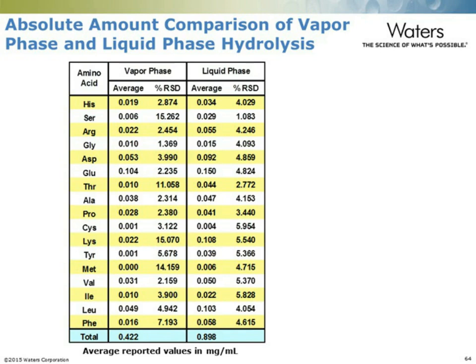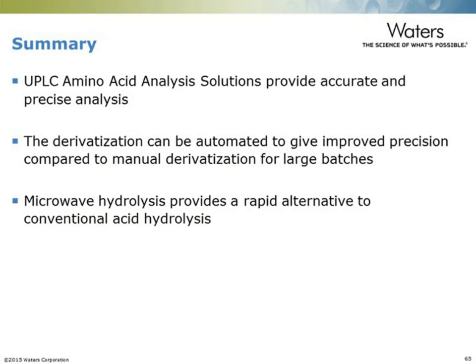So what we've been looking at is the application of our UPLC amino acid analysis solution to a variety of biopharmaceutical problems. We showed that we can get an accurate and precise measure of the amino acid composition.